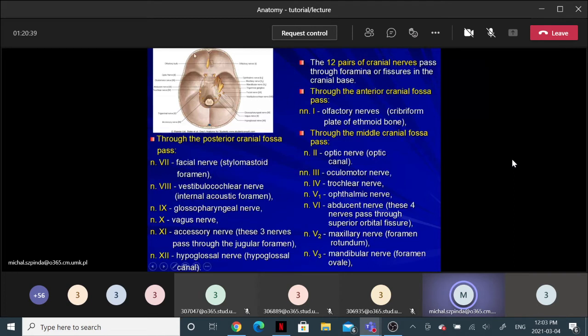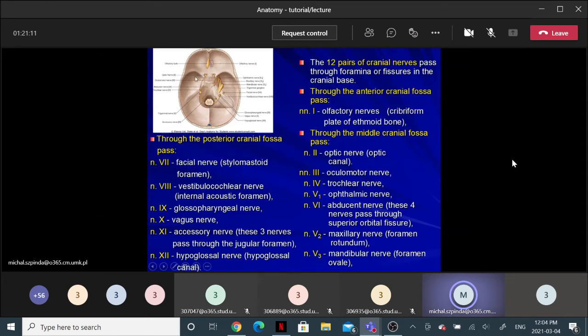As you can see, we can distinguish 12 pairs of cranial nerves. To the anterior cranial fossa refer only the olfactory nerves. Nerves 1, olfactory nerves that pass through the cribriform plate.